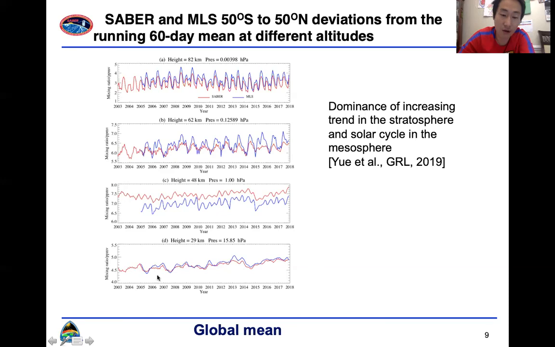Starting from the lower stratosphere, both SABER, which is the red line, and the MLS, the blue line, show a constantly increasing trend. And this increase goes throughout the upper stratosphere and also in the mesosphere.